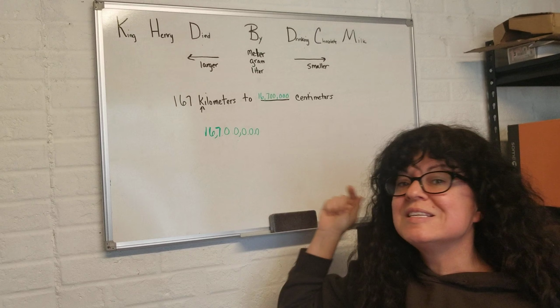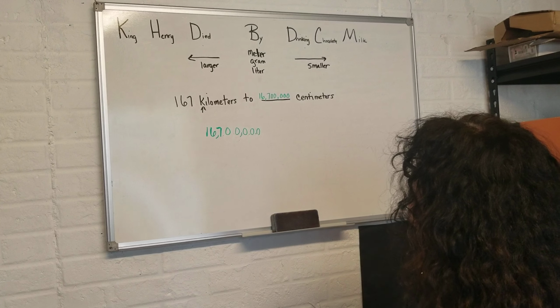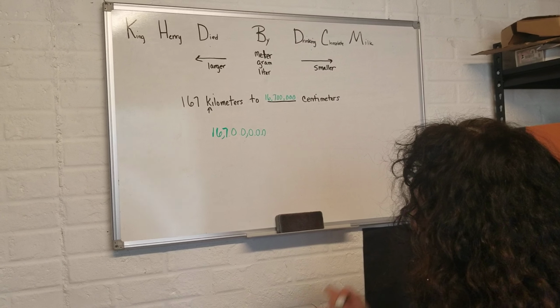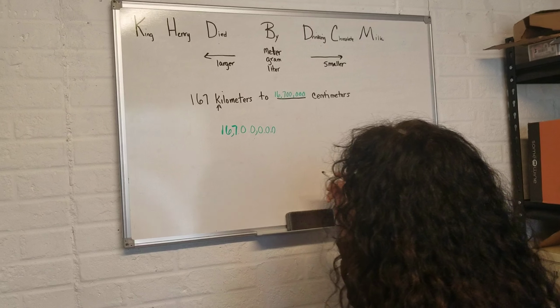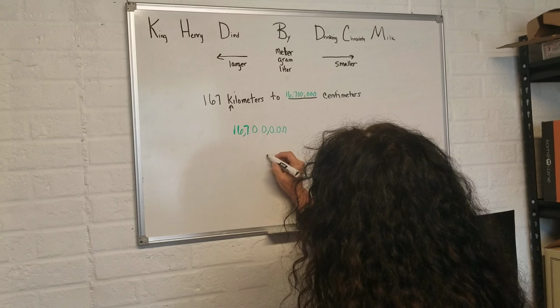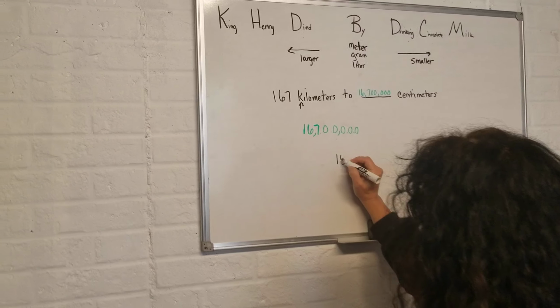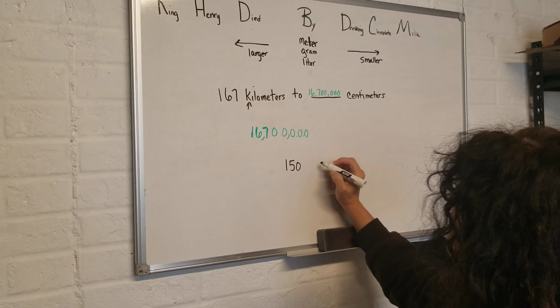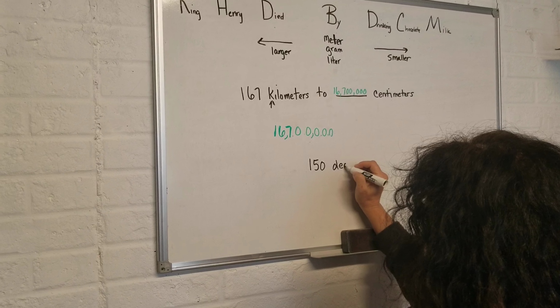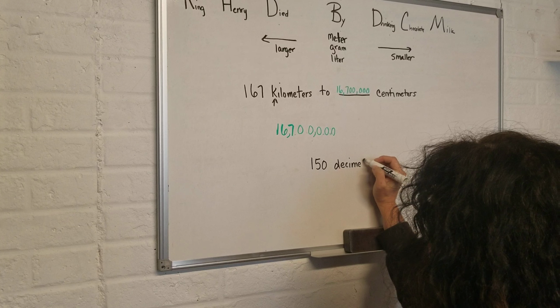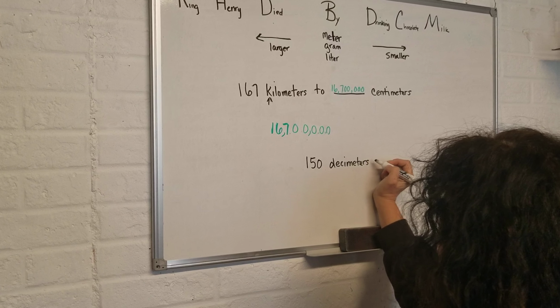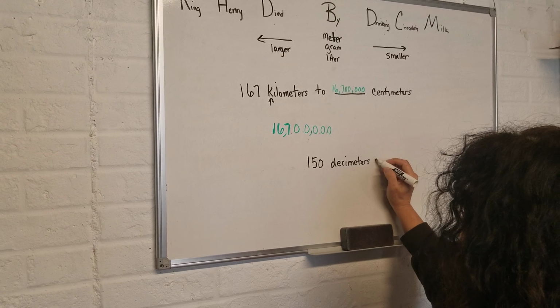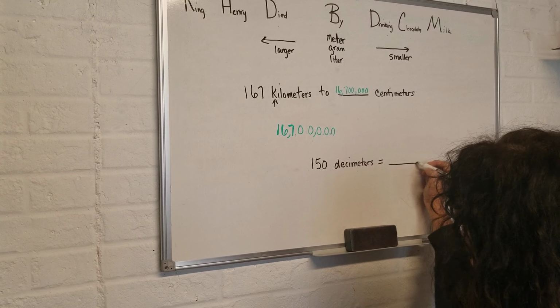Okay, and it works the same way when you're going in the opposite direction. Let's say you have 150 decimeters that you want to convert to decameters.